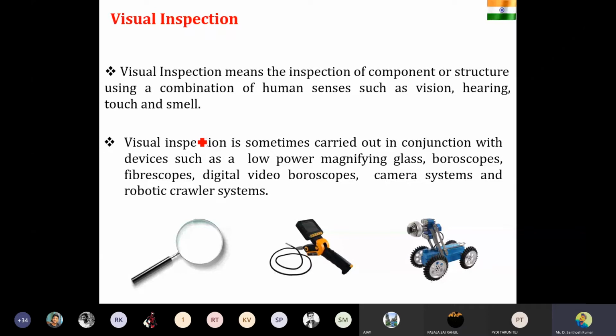That's why we go for another kind of equipment. We have used different kinds of equipment, but in that laboratory one of the equipment we use is a magnifying lens. So of course we use some external equipment to examine our surface. You can easily identify any kind of damage or defect on the surface.